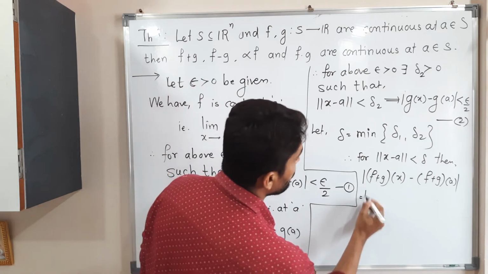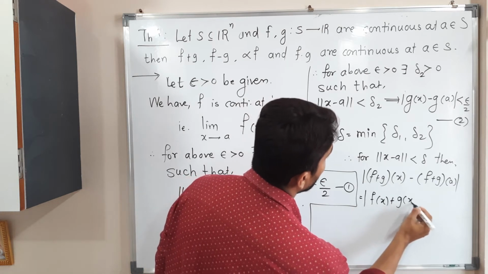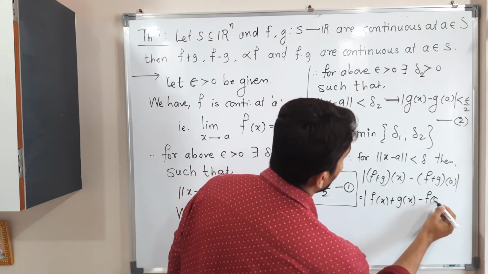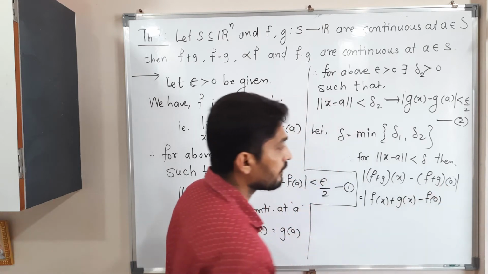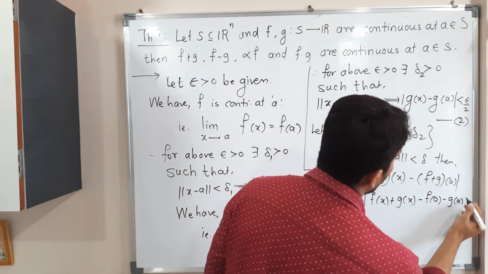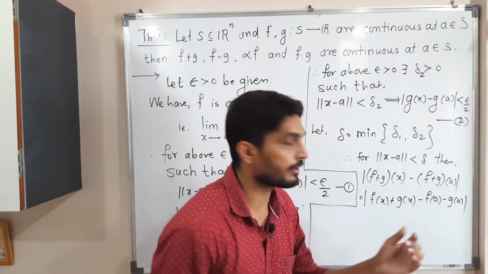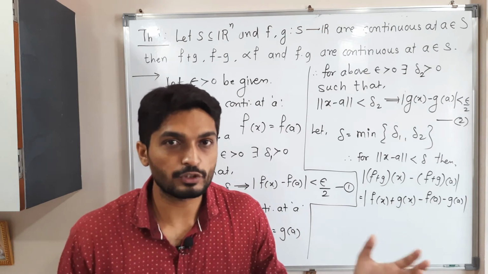So see, obviously I will operate f of x plus g of x minus f of a plus g of a, but there is a minus sign outside, so that's why minus g of a. After that, we will form pairing. That means f of x and f of a I will collect, and g of x and g of a I will collect.